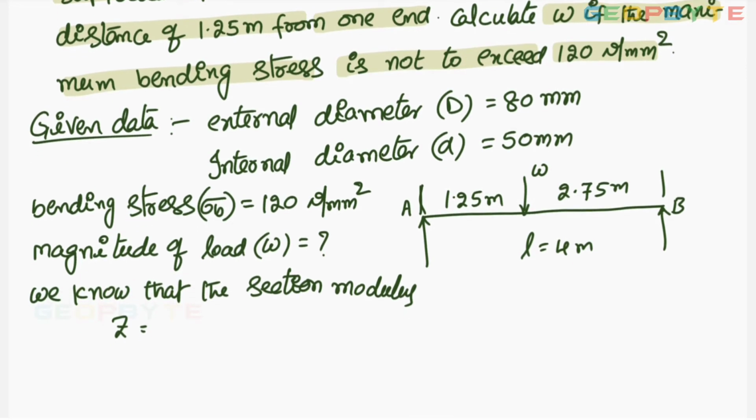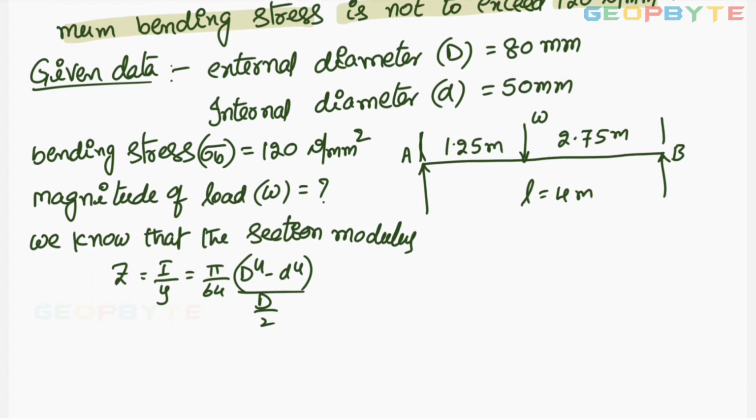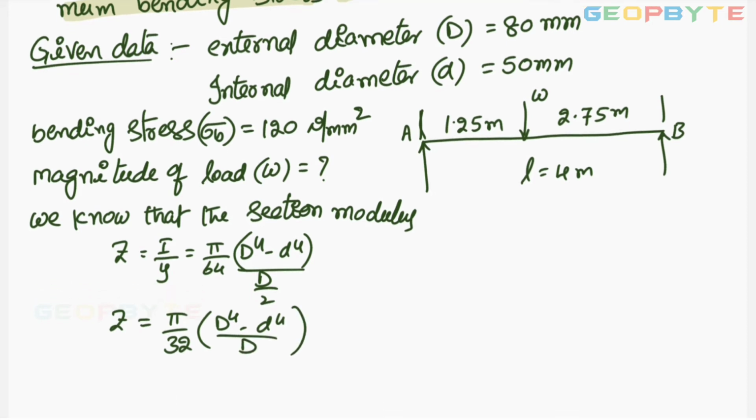Z equals I by y. I equals pi by 64 into capital D power 4 minus small d power 4 for a hollow member. Y equals capital D by 2. So Z equals pi by 32 into capital D power 4 minus small d power 4 by capital D.